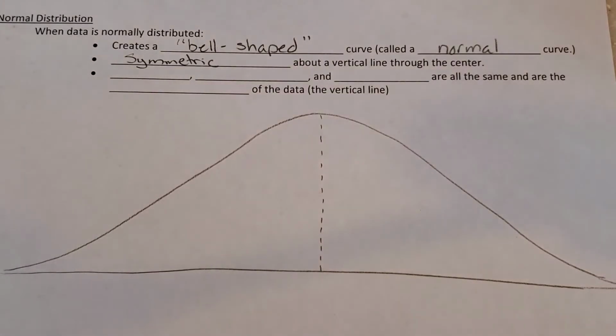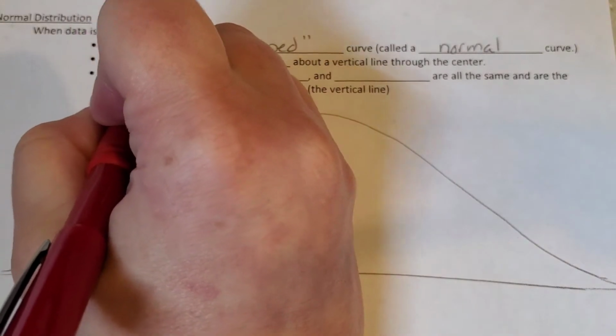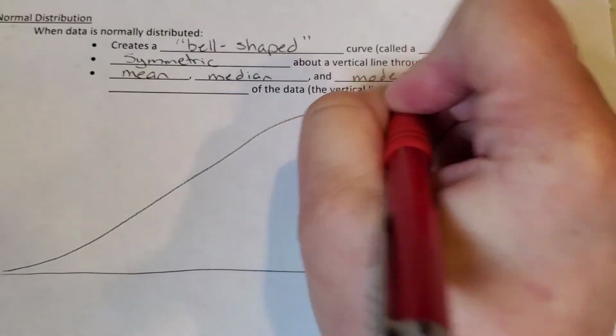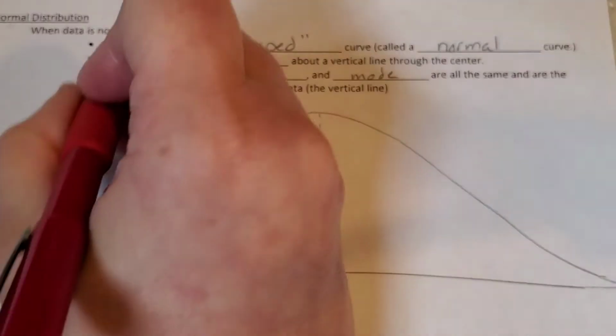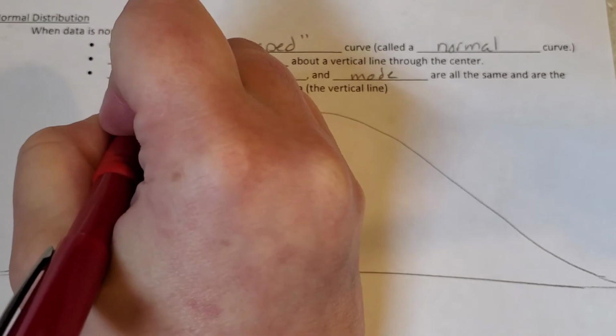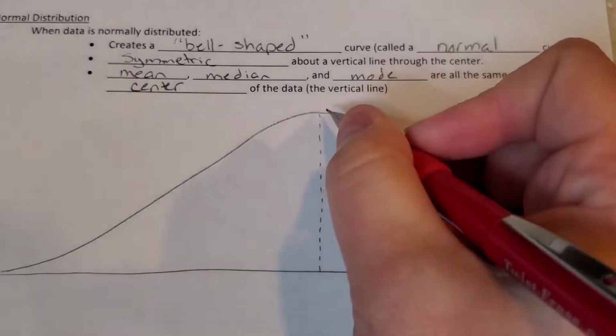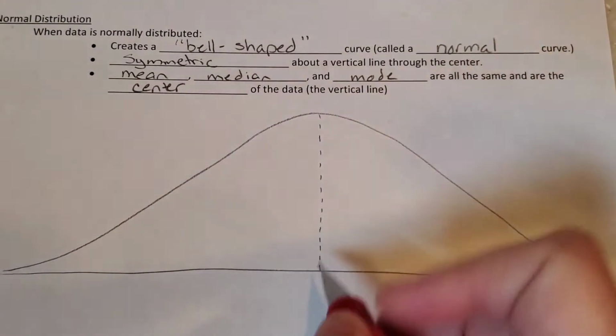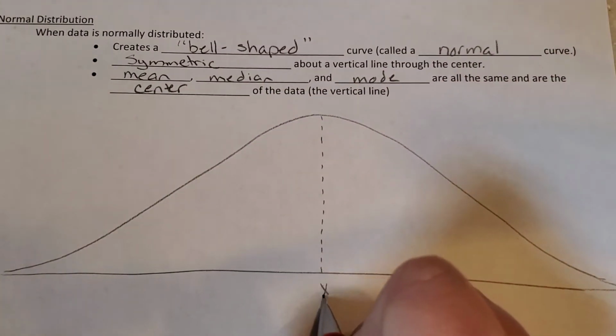It also turns out that the mean, the median, and the mode are all the same in a normal distribution, and they're all the center of the data. They actually fall on this line that the data is symmetric about. So this is going to be your mean, your median, and your mode.